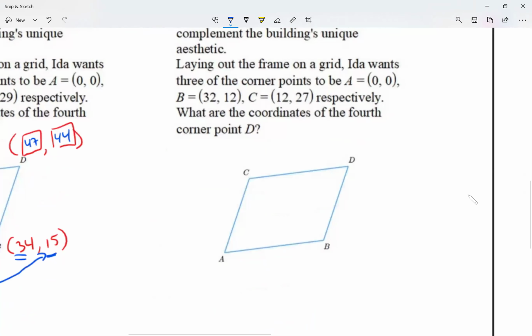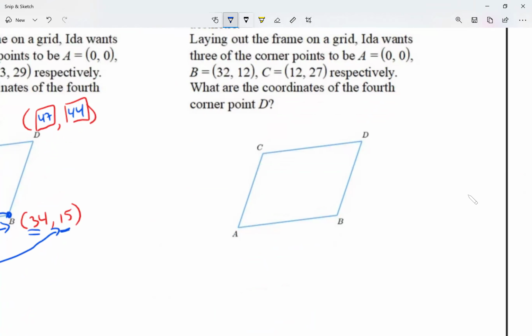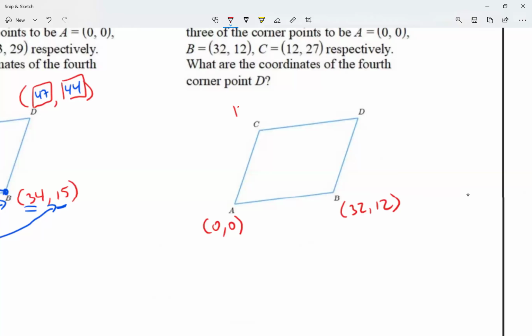Laying out the frame on a grid, she wants three corners to be 0, 0 for A, 32, 12 for B, 12, 27 for C, and then we need to find the coordinates of our point D.